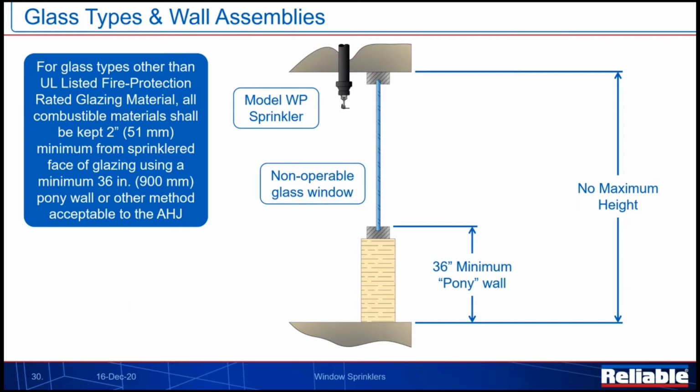Now, why do we do this? Well, we showed you that standalone test where the pan of fuel was right up against the glazing material and we lit it. That fire was really meant to represent something like a waste paper basket fire. So somebody would end up installing or placing a trash can next to a piece of glazing, it lights on fire.